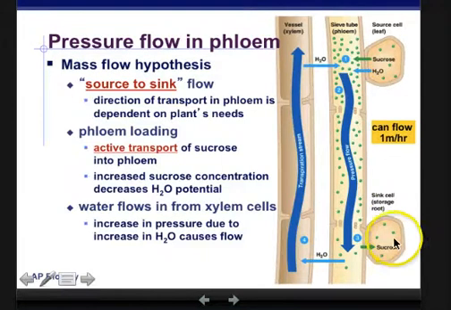So in this case, our sink cell is right here, which is going to store the sucrose. All right, so this blobby cell could be a cell for a root or a bud or a stem or a fruit. All right, somewhere to store sugar.